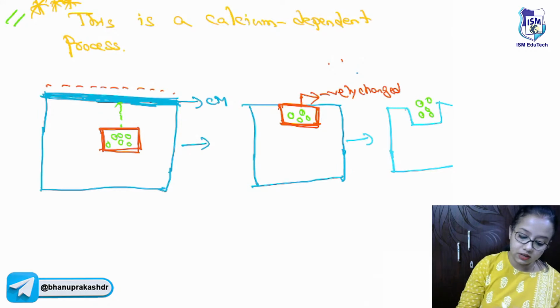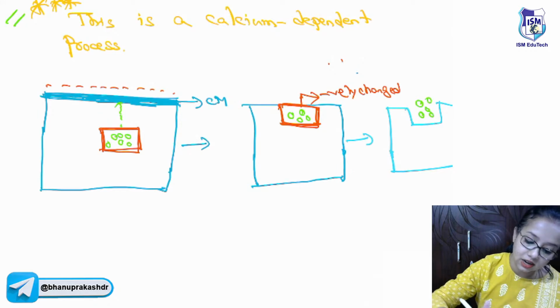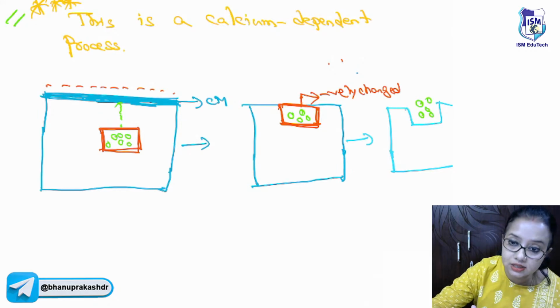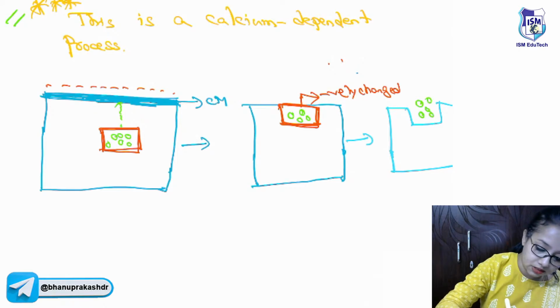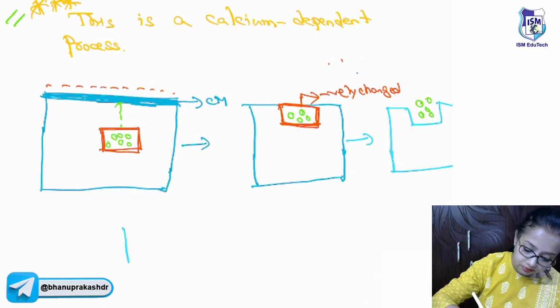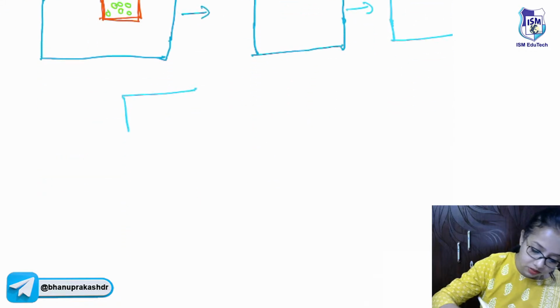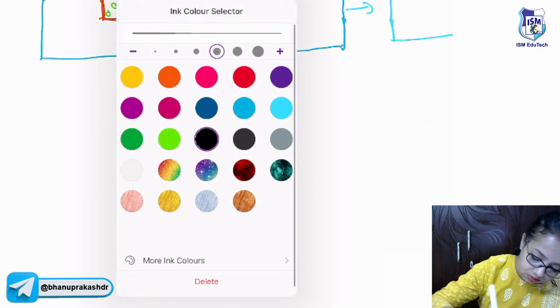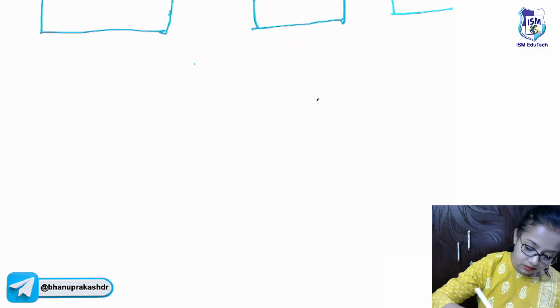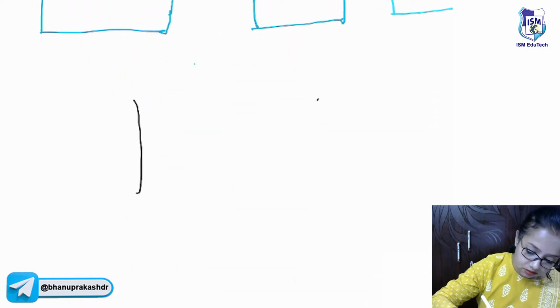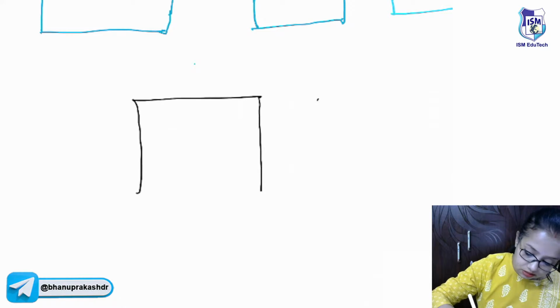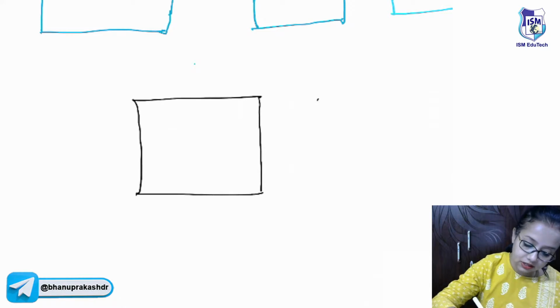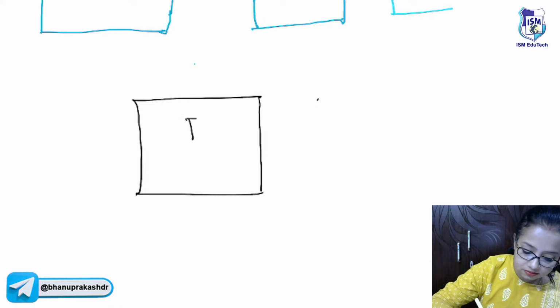For our understanding, say this is the cell membrane, negatively charged, and this is the vesicle membrane, negatively charged.